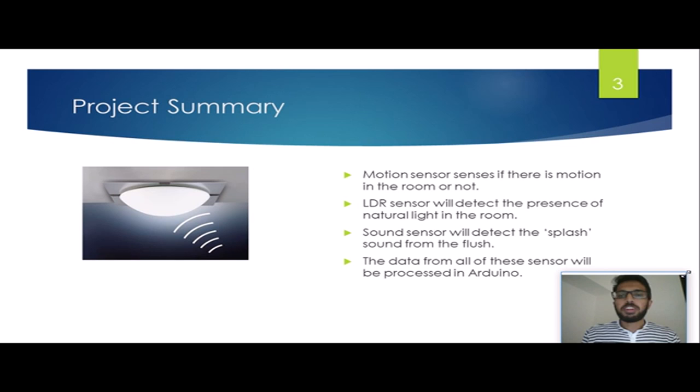When natural light is already present, the artificial light will not be turned on even if motion is present. The third sensor is the sound sensor, which will detect the splash sound from the flush and activate the air freshener to drive away the smell from the restroom. These are the purposes of the sensors used in our concept of a smart restroom.